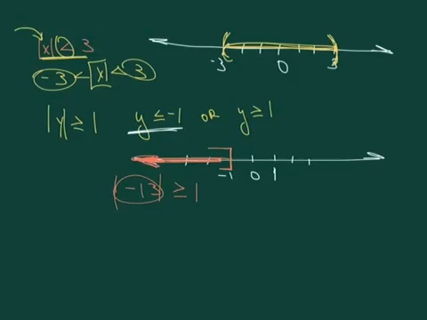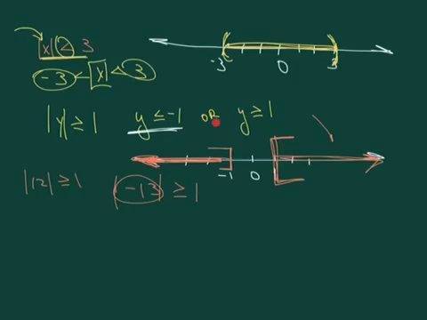It also means that if we have numbers bigger and including 1, those work too. Okay, so let's see what happens. Let's try some numbers over here. Let's try 12. Is the absolute value of 12 greater than or equal to 1? Yes, it is. So do you see how this compound, or what did I call them, disjunction works?